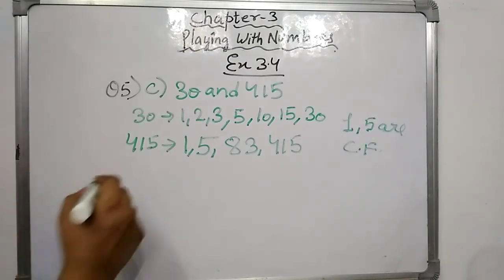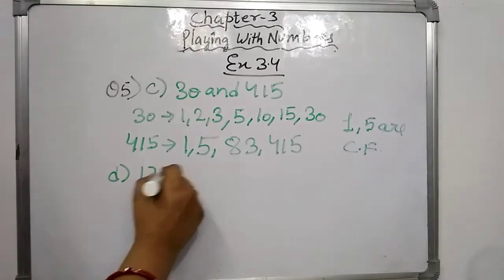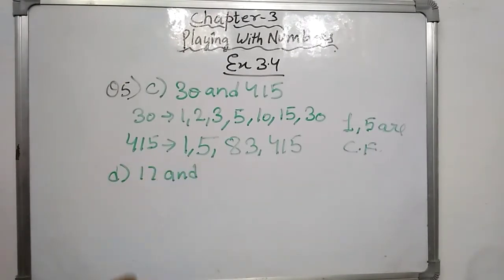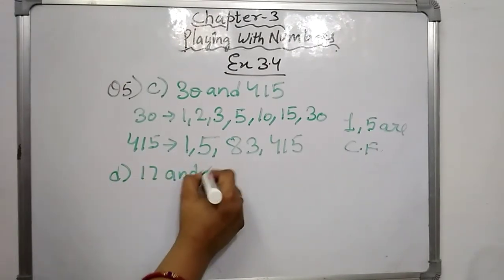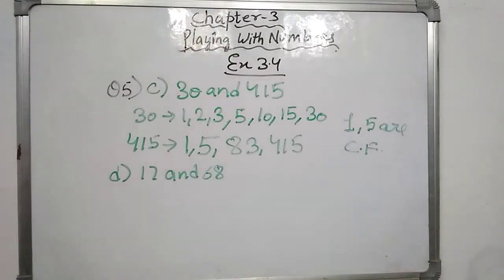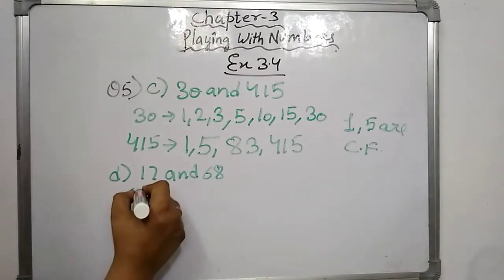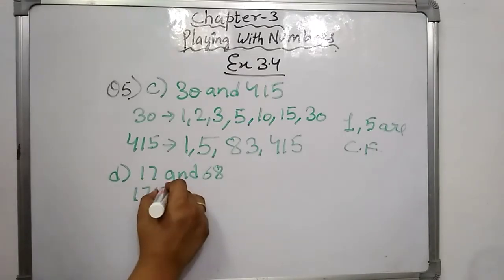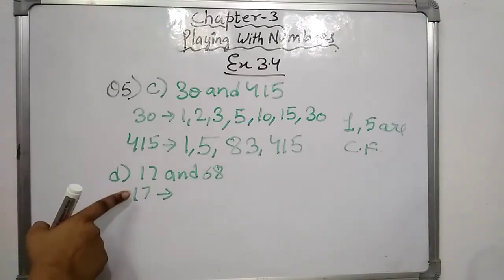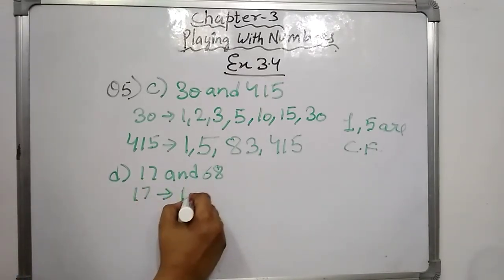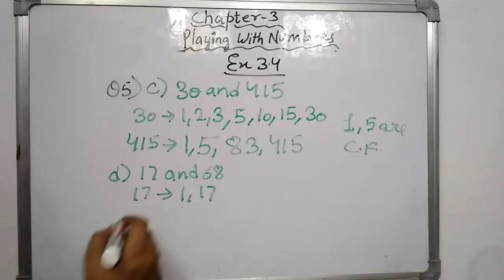Next pair is 17 and 68. So factors of 17: it is a prime number, so factors of 17 are 1 and 17.